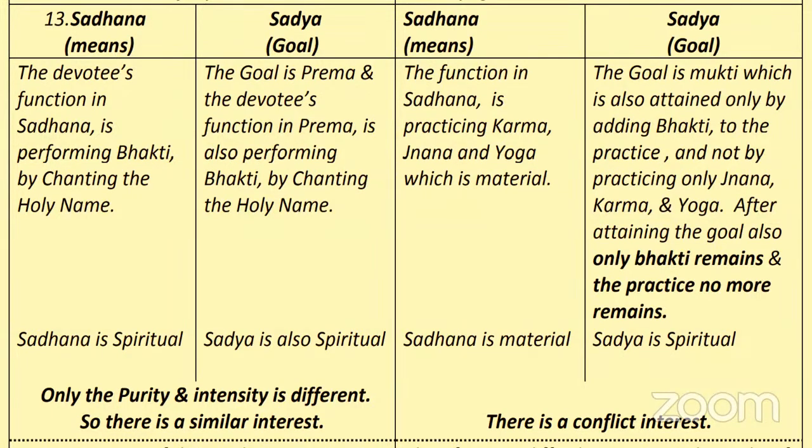So, knowing this from the Shastras, these Gyanis and Yogis try to mix in some little bhakti. They start worshipping Paramatma. The Ashtanga Yogis worship Paramatma, and the Gyanis worship Brahman.